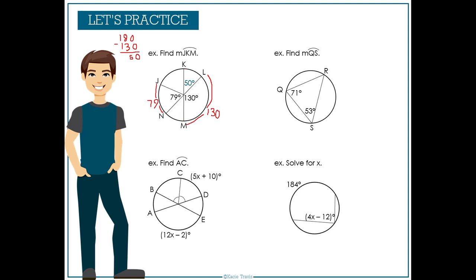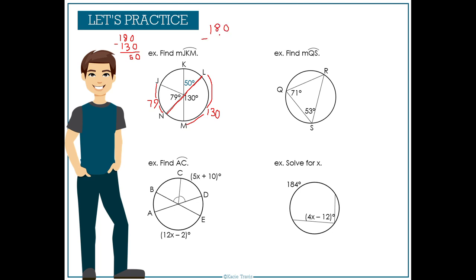So let's go through. I'm going to do a light bit of erasing. If I wanted to find this middle angle right here, I know that these three angles this time are inside of a straight angle. So let's go through and do some light bit of subtracting. We got 180.